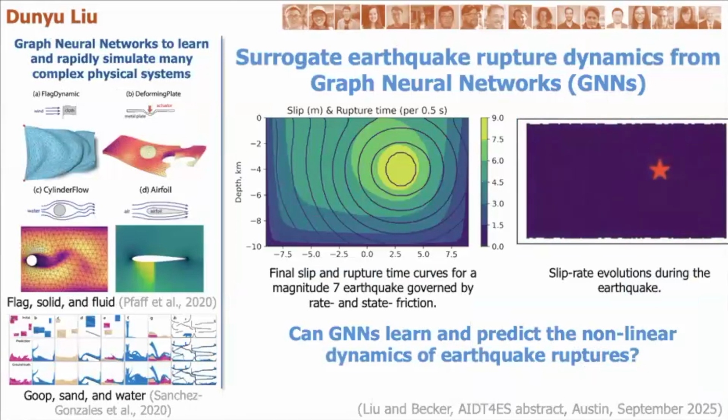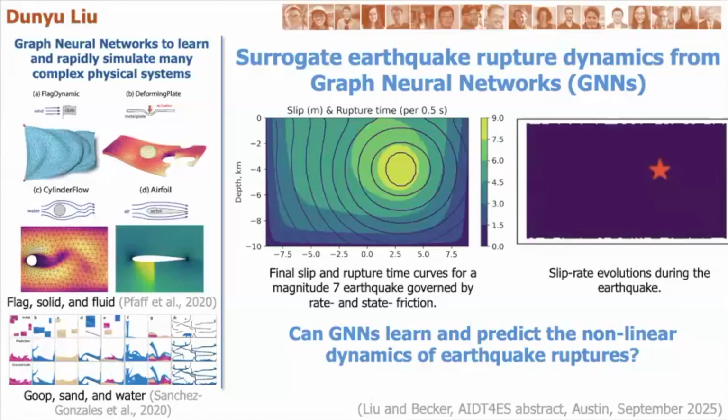It's a new adventure for us to apply AI in earthquake dynamics. This type of AI architecture is called a graph neural network, and it has been quite successful in the last couple of years in simulating many physical systems.